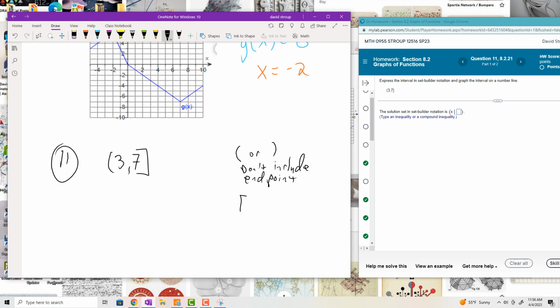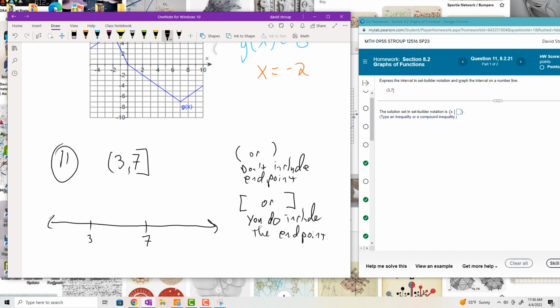So if you see a square bracket like that, or the other directional square bracket, that means you do include the endpoint in the bucket of numbers, in your set of numbers. So they call the bucket a set. Okay. So on the number line, if I were to graph it, here's 3, 7 is over here somewhere.